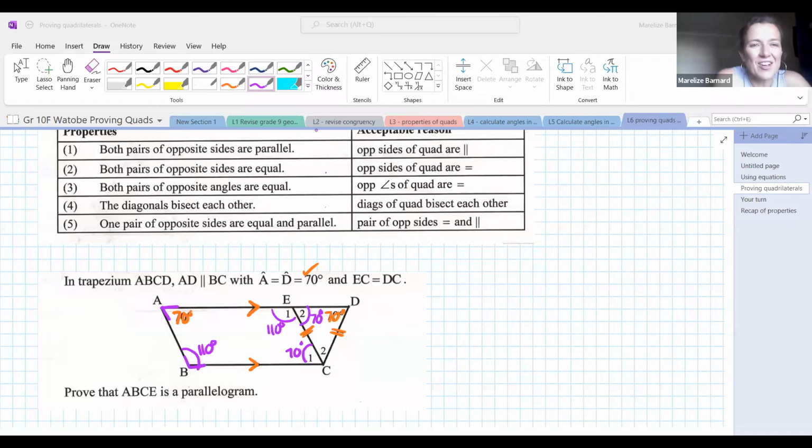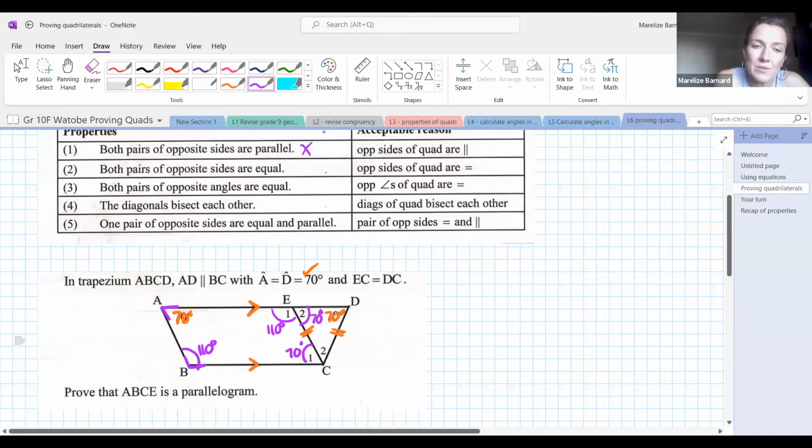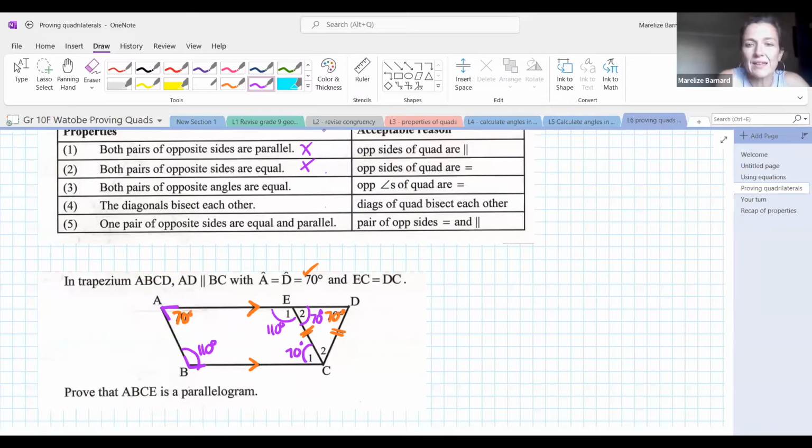Okay, so guys, let's go through the list. Have we proven that both pairs of opposite sides are parallel? No, we've got one pair of opposite sides and we have not proven that EC is parallel to AB. So that's no-go. Both pairs of opposite sides are equal. We have most certainly not proven anything with equal sides. Both pairs of opposite angles are equal.